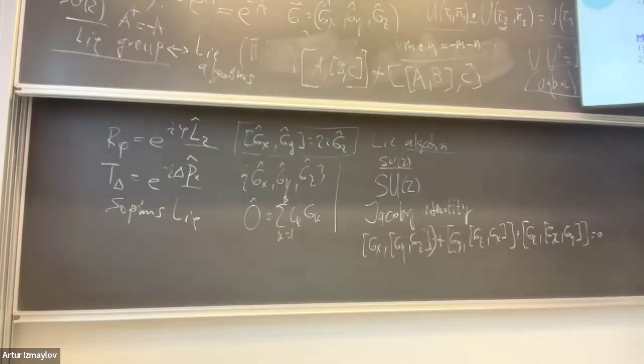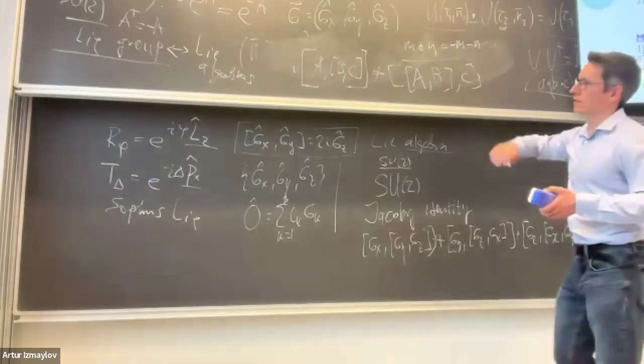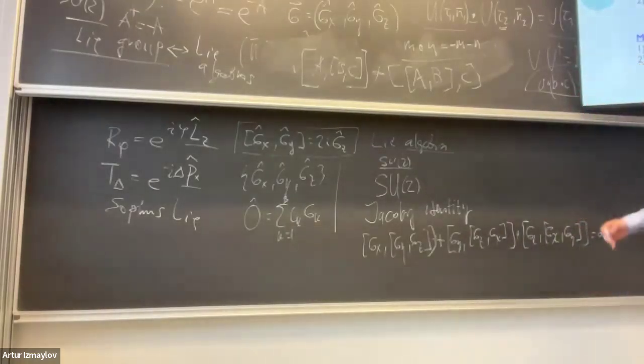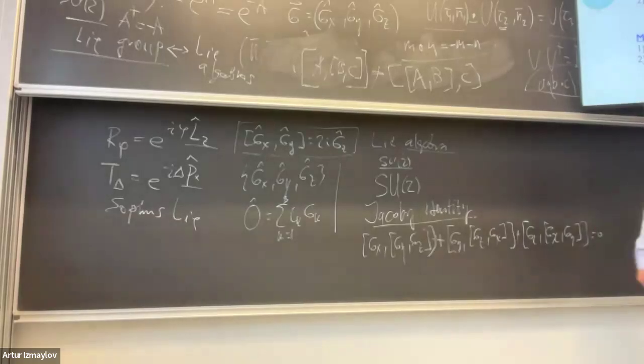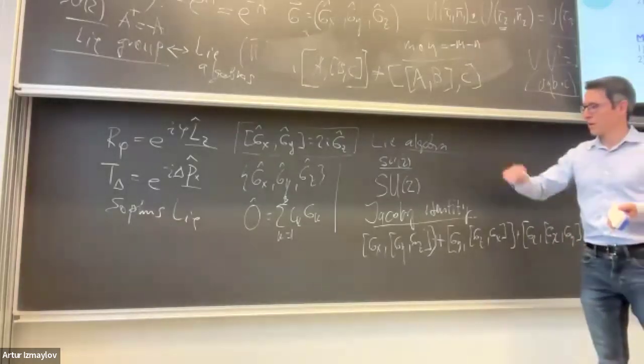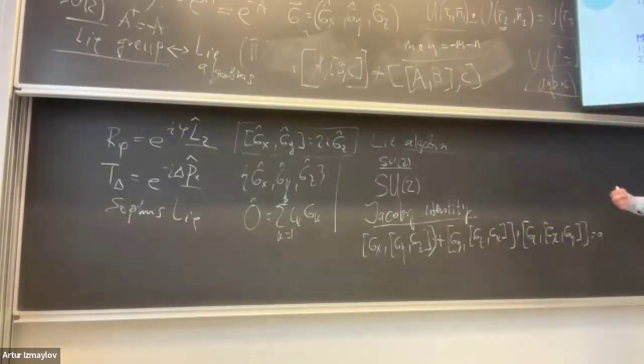So from this, you could see that actually the associativity will be violated if you insist on the so-called Jacobi identity. But the Jacobi identity is something that Lie algebras generally require as part of the definition.